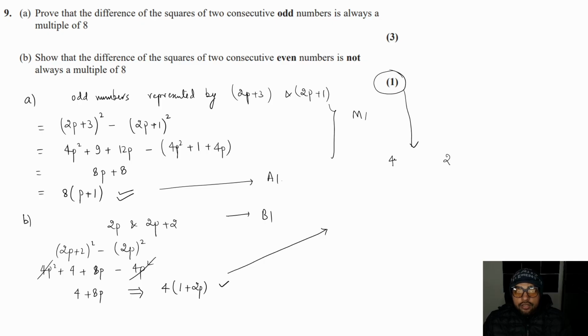Now we need to see the square of the two consecutive even numbers. So we'll square it: 4 square minus 2 square. What we'll get? 16 minus 4 equals 12. It is not a multiple of 8. So this will also help you in getting the B1 mark.